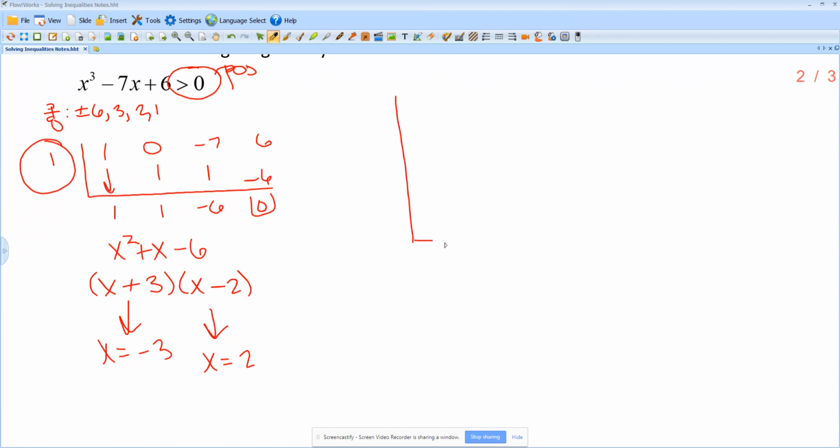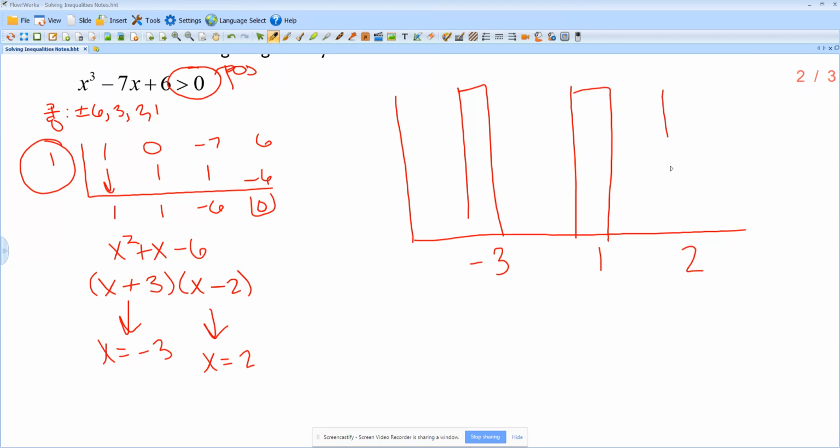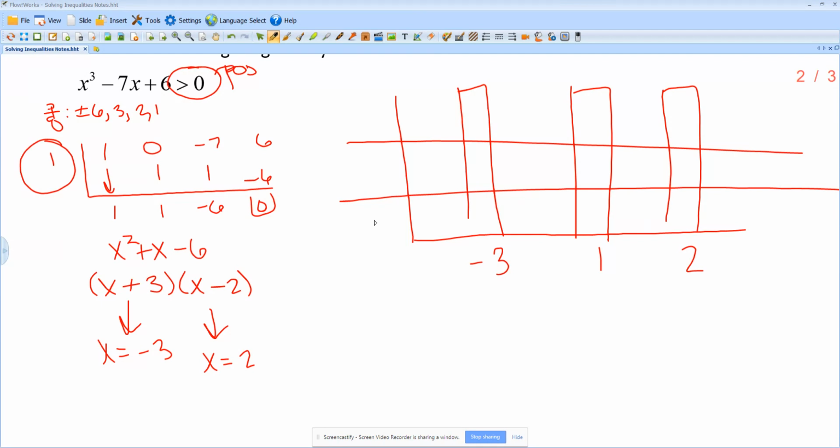So in my sign analysis table, I go negative 3, positive 1, positive 2. I make all those columns. I make all my rows. I list my factors, x plus 3, which zeros at negative 3, x minus 2, which zeros at 2, and this comes from dividing by x minus 1, which zeros at 1.